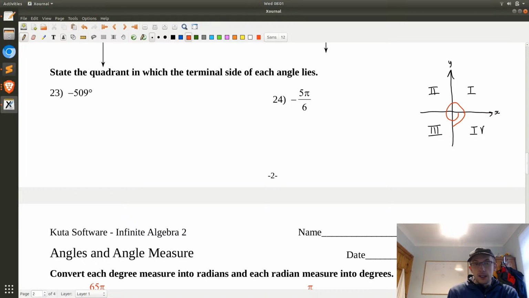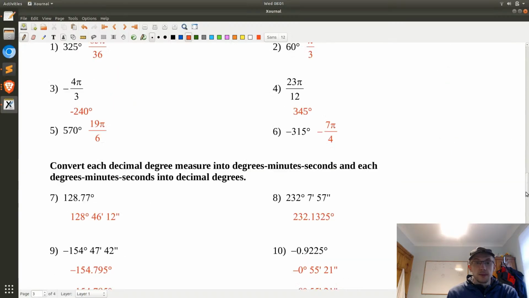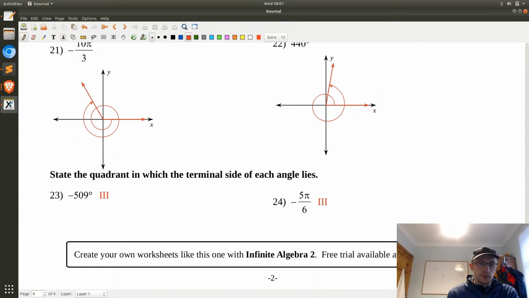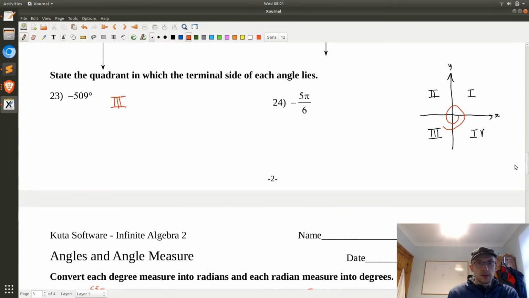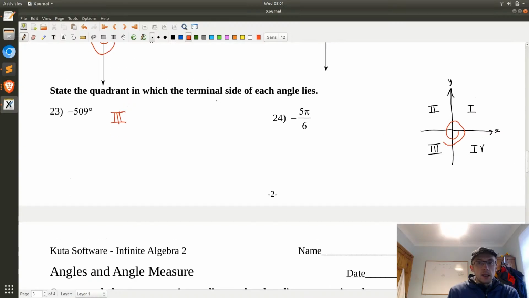Then if we add on 90, we get to 540. We don't want to add on 90. So it's going to be in the third quadrant, I believe. But we'll have to check. Okay, affirmative. It's right. Next up.